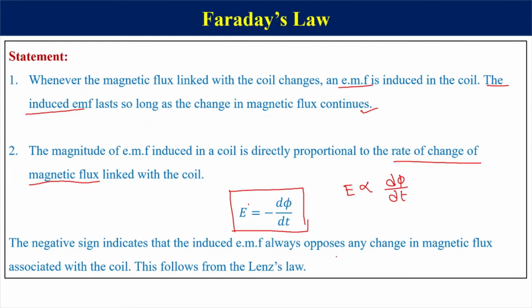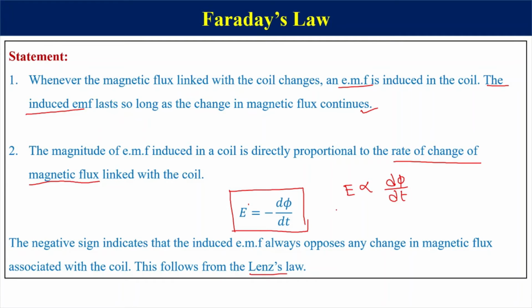This statement will be clear when we go to Lenz's law, because it is actually a consequence of Lenz's law. From Lenz's law this negative sign appeared; previously Faraday could not establish this. Alright. However, whenever we solve numerical problems, we will always consider this negative sign.